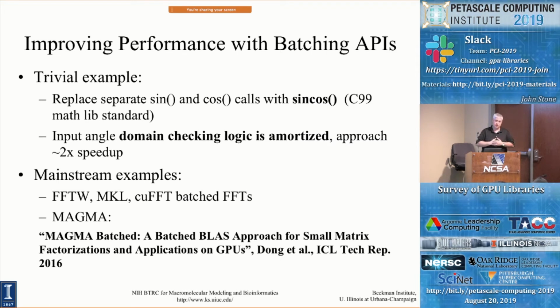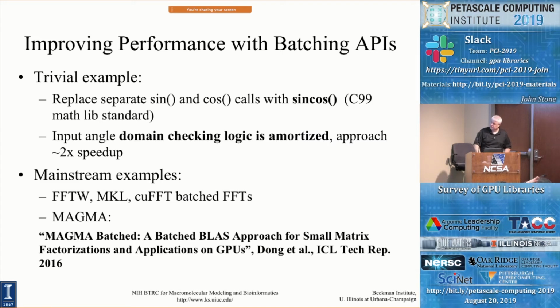You can tell it, I need 5 megabytes of random numbers, and get them all at once at a much higher performance than you would otherwise be able to achieve. And then more mainstream examples would be FFTW, MKL, cuFFT, and the other libraries. They provide things like batched FFTs, small matrices, all those things.